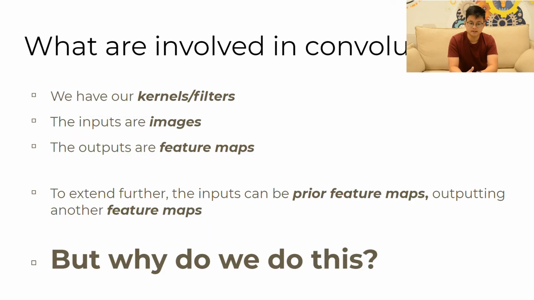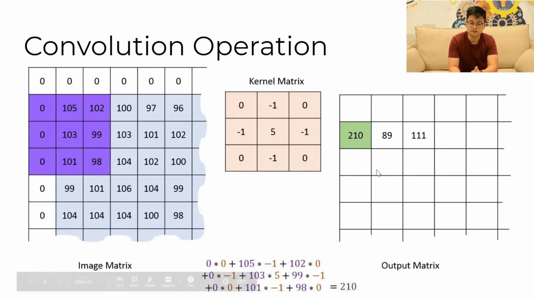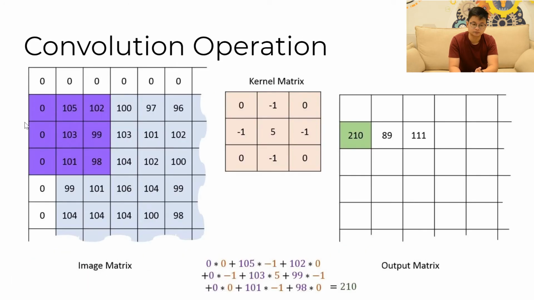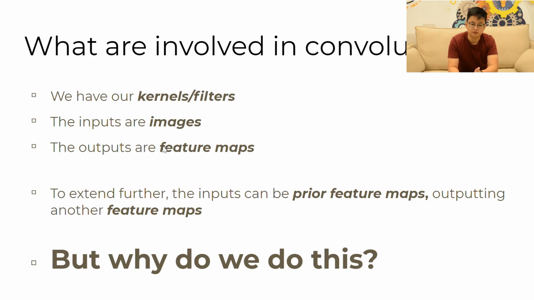So what is actually involved in convolution? First you have your kernels and filters. This is your kernel matrix or filters, and then you have your inputs, which are images here, your input images, and then you have your feature maps as output.